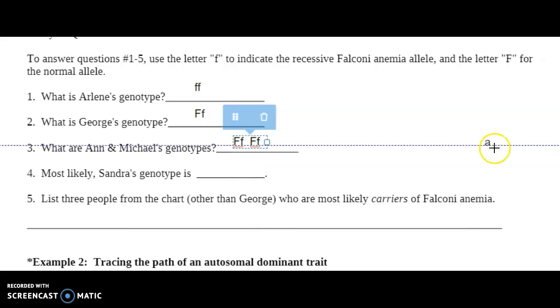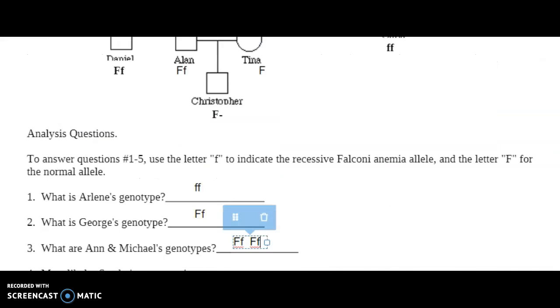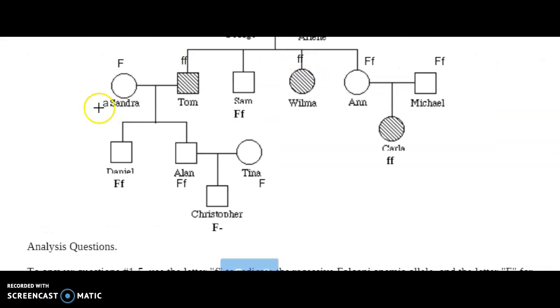Most likely Sandra's genotype is... Sandra's this one right here, and most likely, well, all of her offspring had the big F from her. But there's only two offspring, so we can't really know. I think two offspring is not really enough to say for sure because they always will have a 50-50 chance of getting a big F from her, even if she's big F, little f.